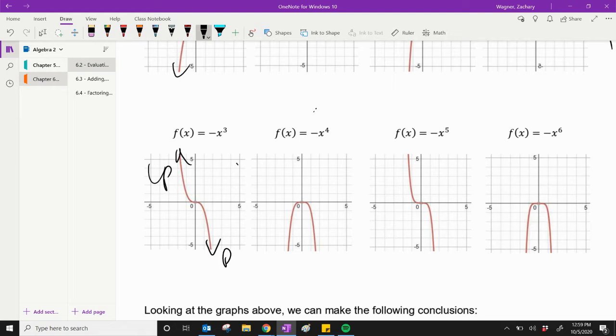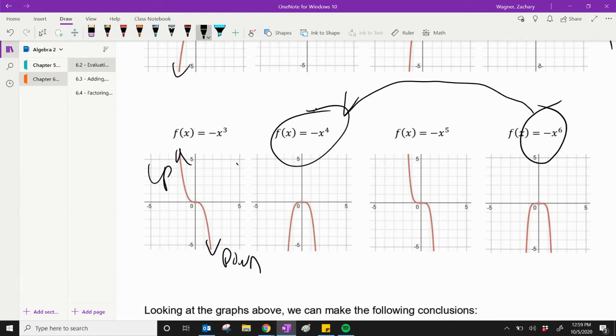Up and then down. That's the end behavior of the graph. Same thing here. Any fourth degree or sixth degree function, or second degree or eighth degree or 10th degree, any even degree function, if you put a negative a value on it, it will start down and continue going down.